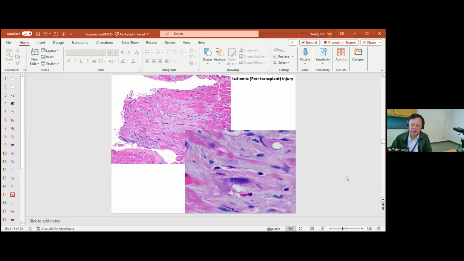So that may cause a problem. Is it 1R or only ischemic injury? In this case, it's ischemic injury because you can see the lymphocytes are totally within the fibrosis. So obviously you need some practice, and you can see the ischemic change of the fibroblast stromal cells, and these are indicative of ischemic injury.